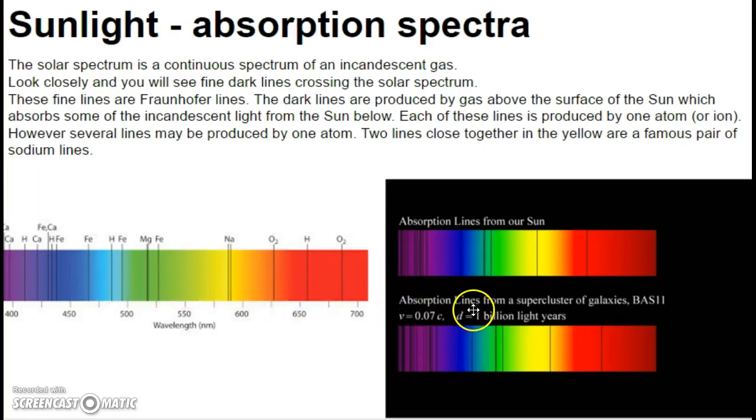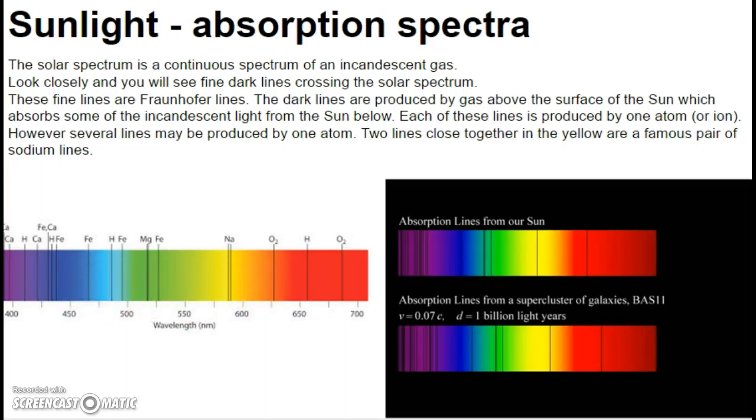And if I look at the absorption lines from a supercluster of galaxies a billion light years away, and I start finding these signatures in that light, I can draw very specific conclusions that these galaxies must contain the same elements that we find in our sun.